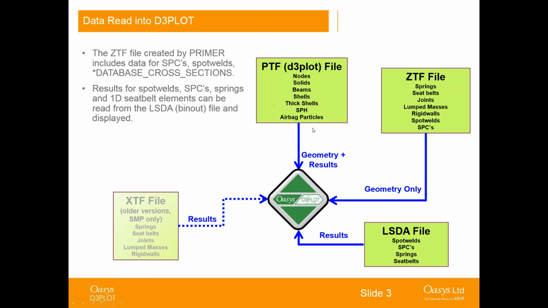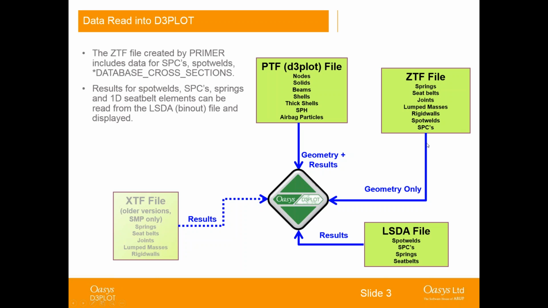Within this file, we have the standard results in a binary format. That's the nodes, the solid elements, beam elements, shell elements, all the elements, and we also have stress and strain information. You have to request this from Dyna in the usual manner.